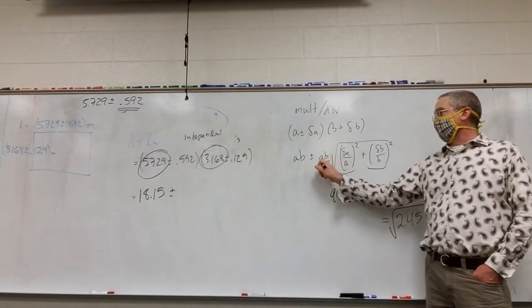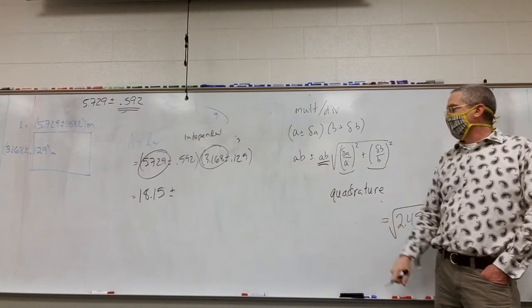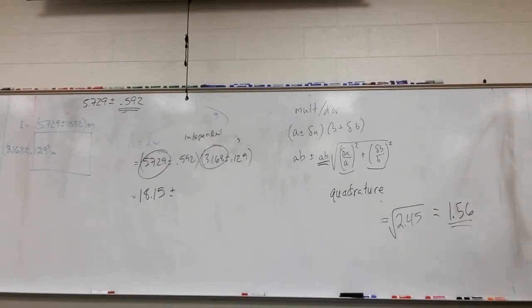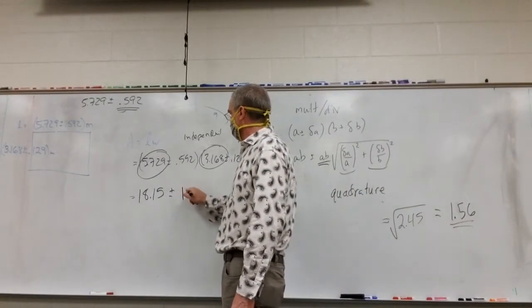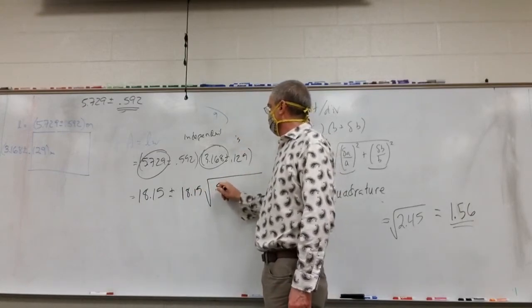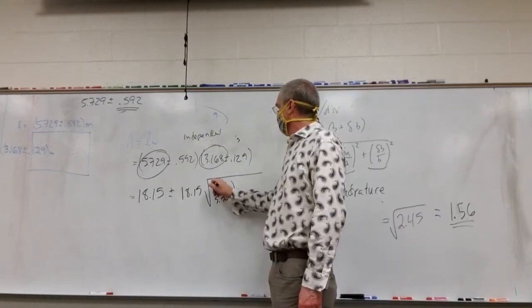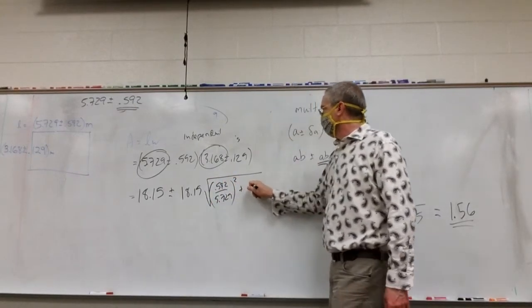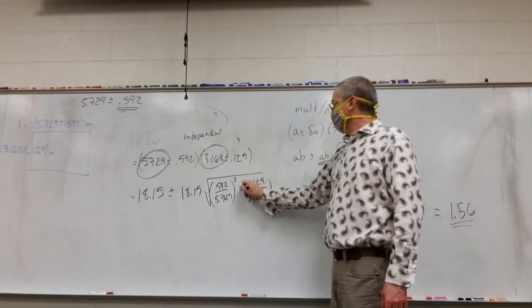And then you multiply it times the actual product of the two main numbers. And so over here, this would be 18.15 times the square root of 0.592 over 5.729 squared plus 0.129 over 3.168 squared.